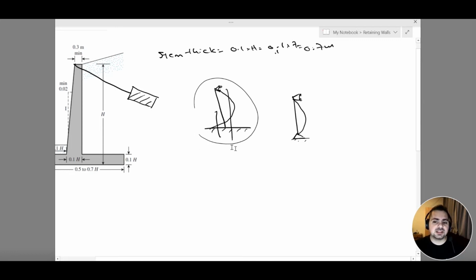Now, let's say we want to work with this retaining wall model using software such as SAP or Robot.